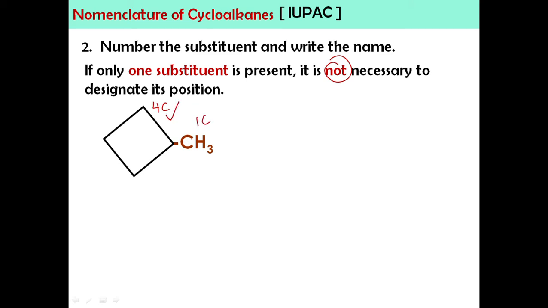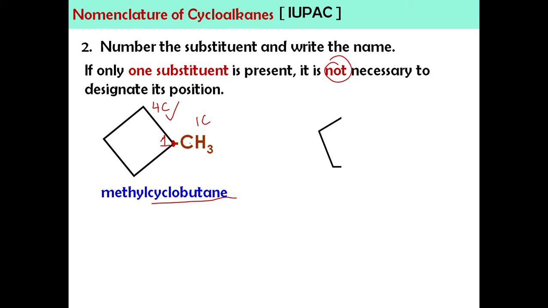This is going to be the parent. So, bila ada satu substituent sahaja, macam mana pun untuk carbon ini, awak akan bagi dia nombor 1. Okay, jadi tidak perlu untuk mention the numbering kalau ada satu je substituent sebab macam mana pun dia akan duduk dekat nombor 1. Okay, so nama untuk compound ini akan jadi methyl cyclobutane. Okay, cyclobutane adalah parent because 4 carbon, methyl is the substituent 1 carbon.